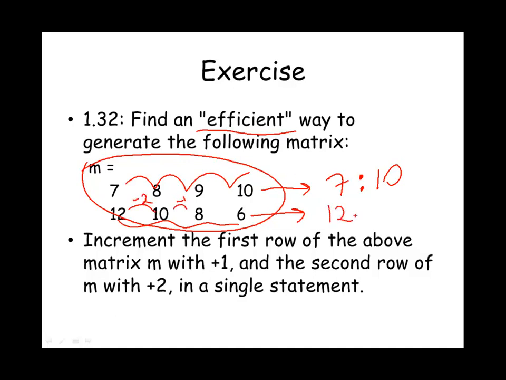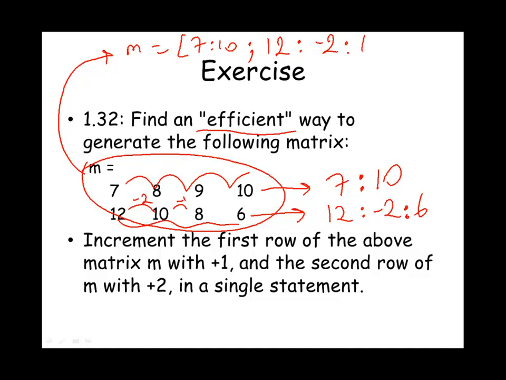So that is 12, step size -2, all the way to 6. And to generate this in MATLAB, we would say M equals, open brackets, 7:10, semicolon, to indicate we are moving to the next row, and then 12:-2:6.